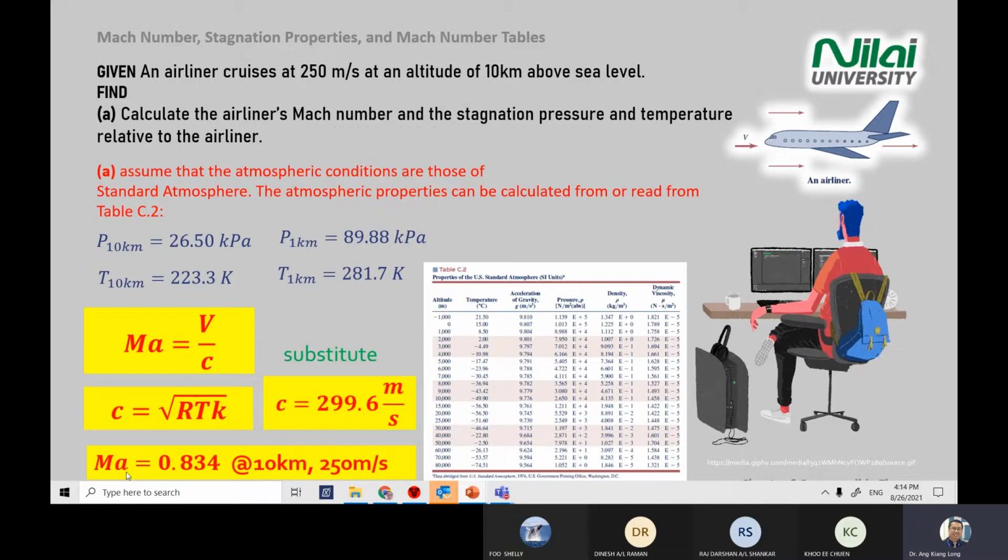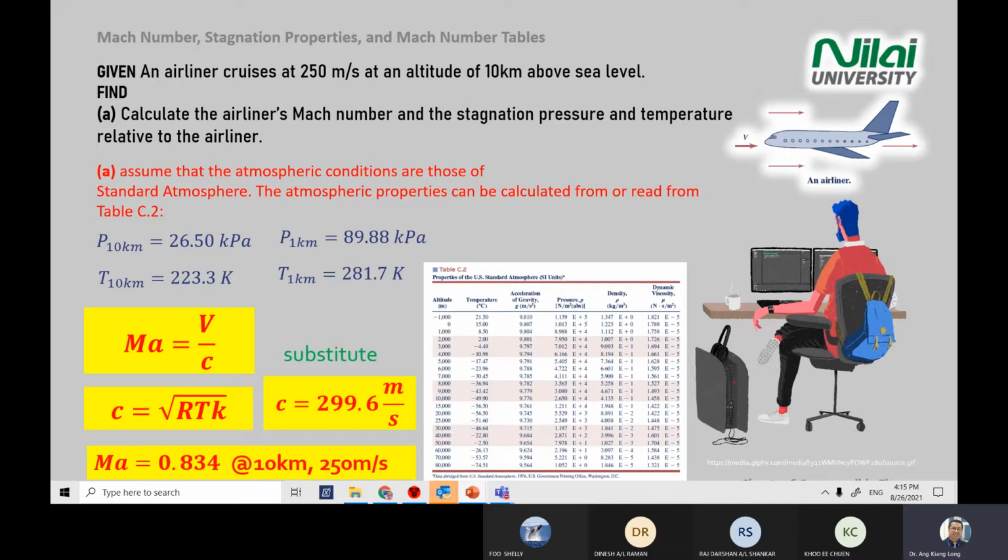Okay, and again, one important concept for compressible scenario is that when your Mach number is more than 0.3, then you're having a compressible dimension. Then the equation for isentropic, for non-isentropic, will come into place. Okay, so you have a compressibility effect on the object.